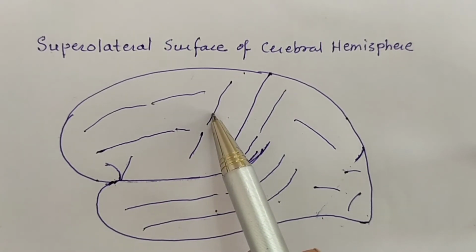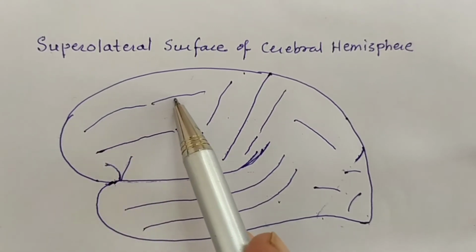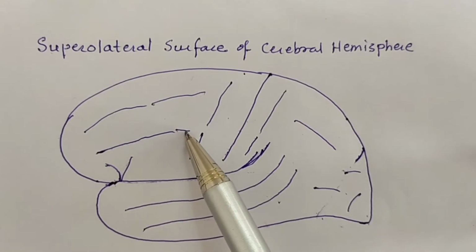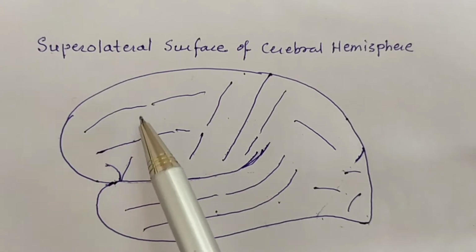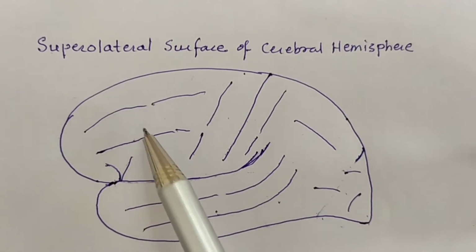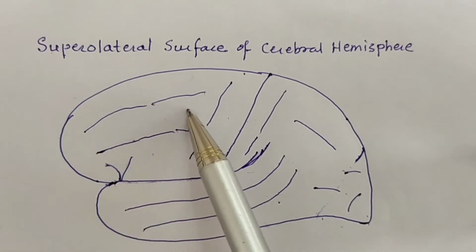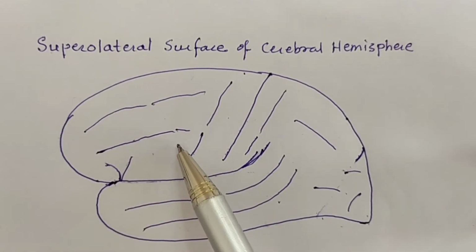Anterior to the precentral sulcus there are two horizontal sulci, superior frontal sulcus and inferior frontal sulcus, and these two sulci divide the remaining part into three gyri: superior frontal gyrus, middle frontal gyrus, and the inferior frontal gyrus.